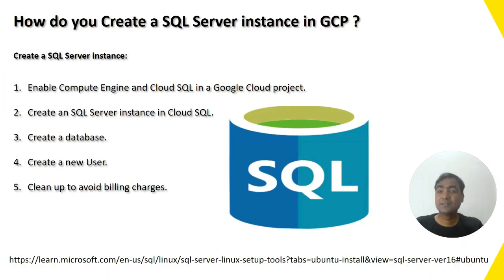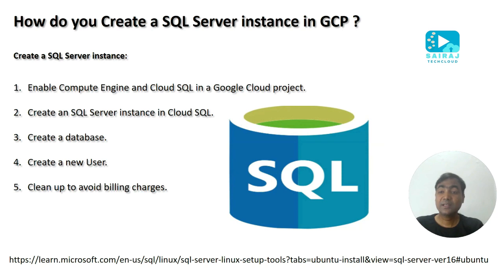Guys, as you can see here, how do you create a SQL Server instance in Google Cloud Platform? I mentioned all the steps. First of all, enable Compute Engine and Cloud SQL in your Google Cloud project. You can select your desired project ID based on your project requirement, and you can specify your service account, that is also important.